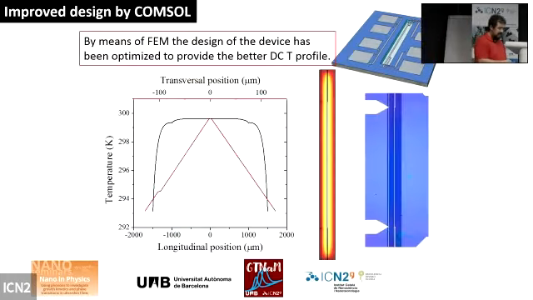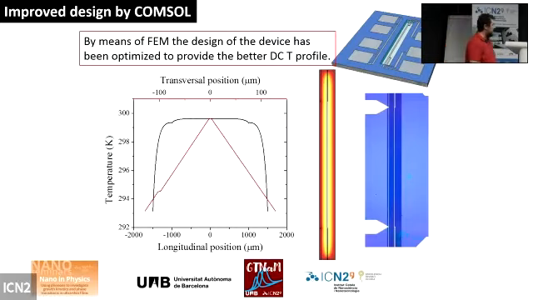In the transversal position, at 90 degrees to the vertical direction, we have the red profile, and in the vertical direction we have the black profile. That is pretty flat, with temperature gradients of less than a few hundred millikelvin along the temperature line.